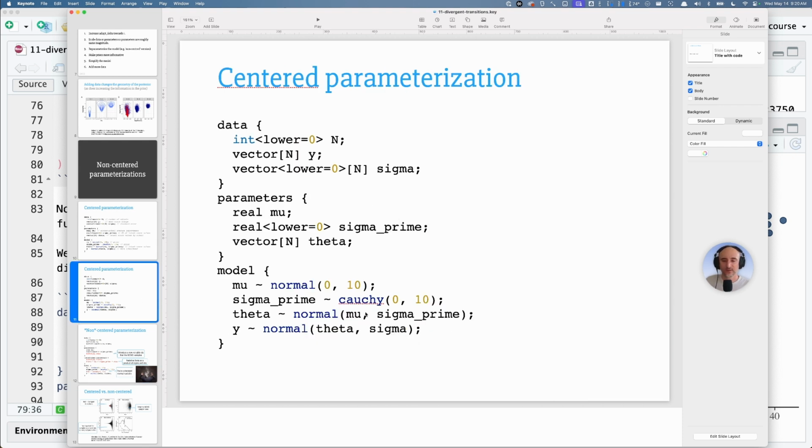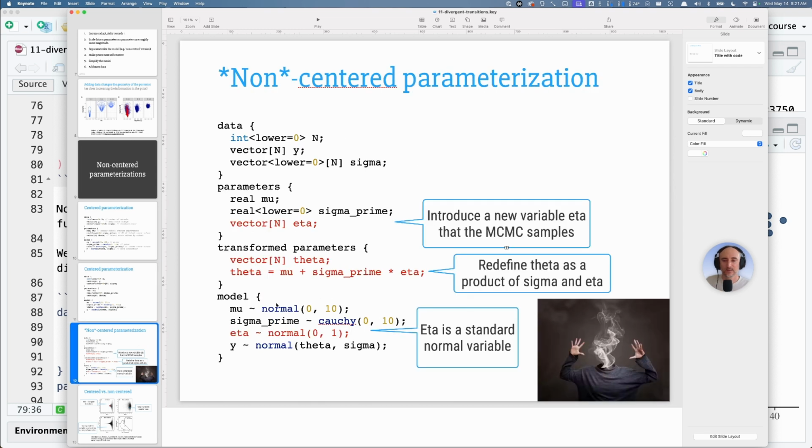So this was the original, where we just stuck mu, our mean, here in the model, and sigma prime here on this line. So theta was sampled from the overall mean and its spread. Instead, we do that here on this line.